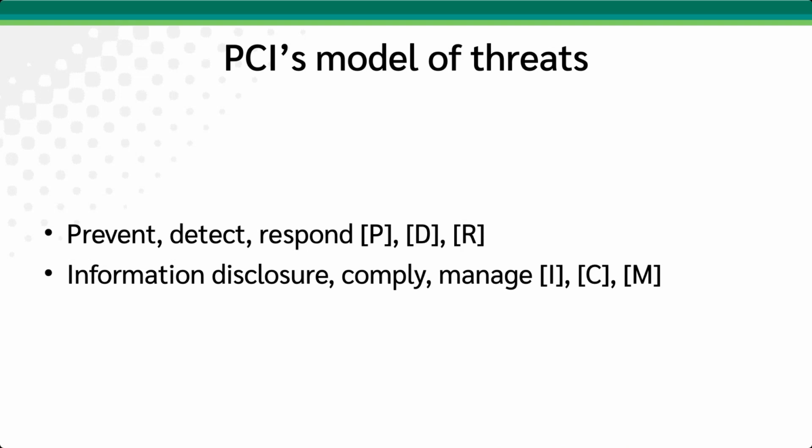And the threats that they are focused on are primarily information disclosure threats, part of STRIDE if we want to think about it, part of the CIA triangle of confidentiality, integrity, availability if we want to think about it that way, and also a different C, compliance. They have compliance threats and management threats that are thought about in the standard.